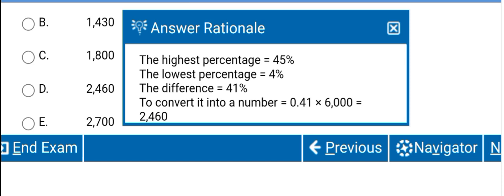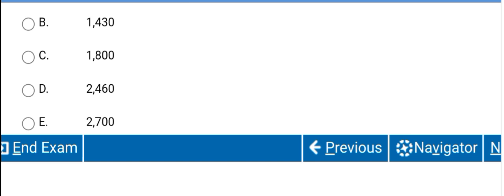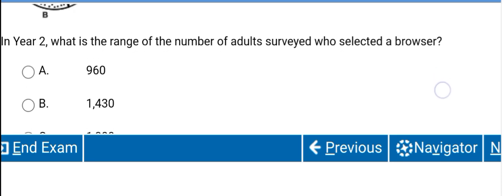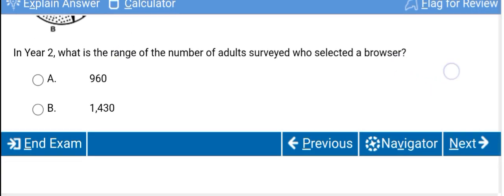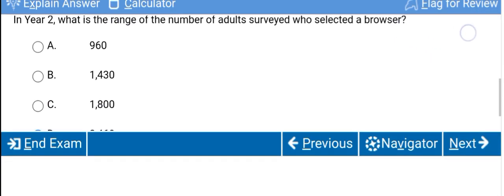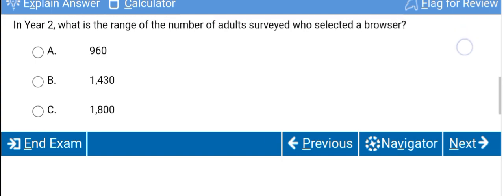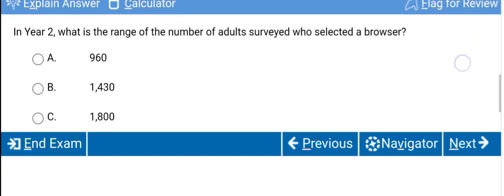To convert it into a number equals 0.41 multiplied by 6000, which equals 2460. So that means the correct option is option D, which is 2460. This is the range of the number of adults surveyed who selected a browser in year 2.